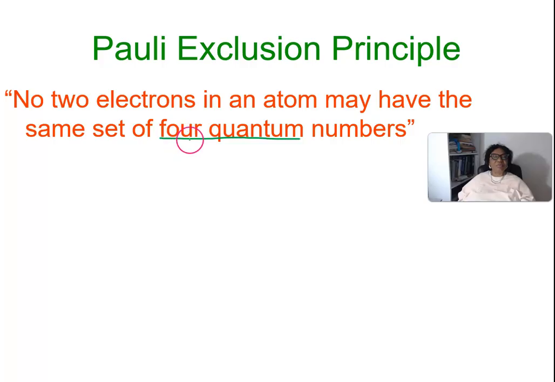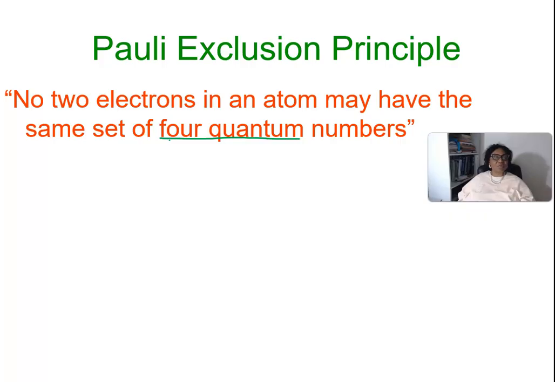The principal quantum number n, the azimuthal quantum number L, which determines the shape, then ml, which determines the orientation, then ms, the spin.